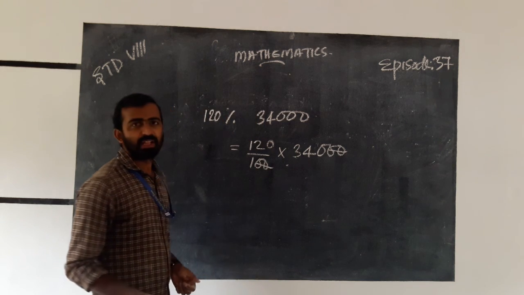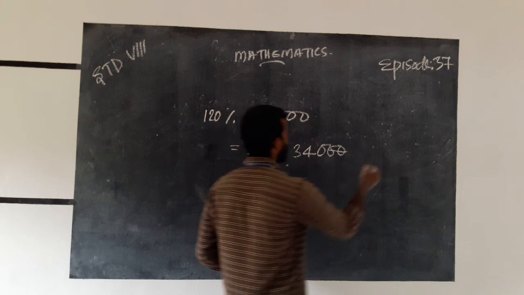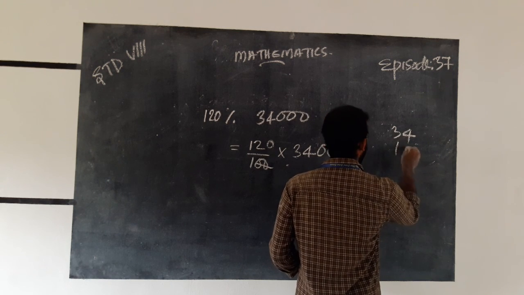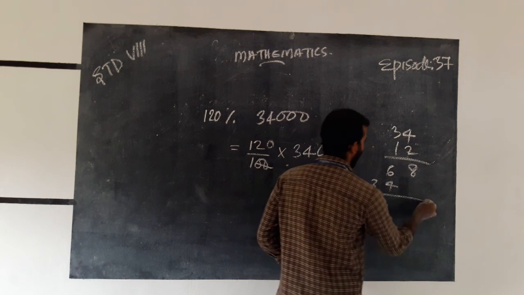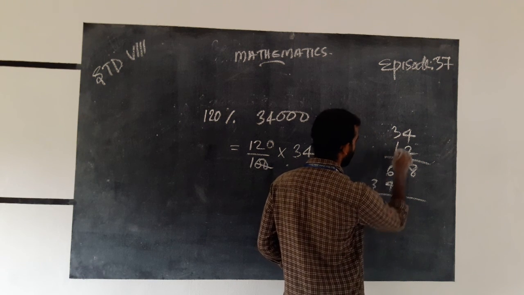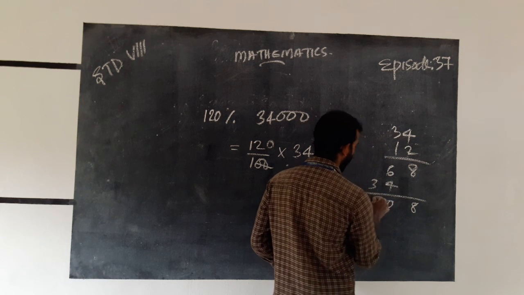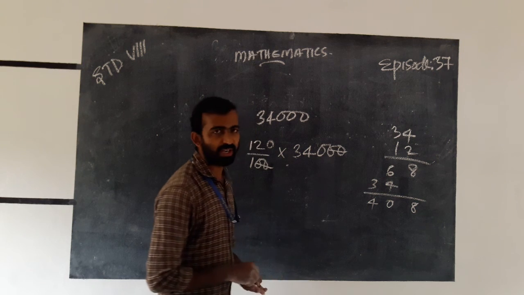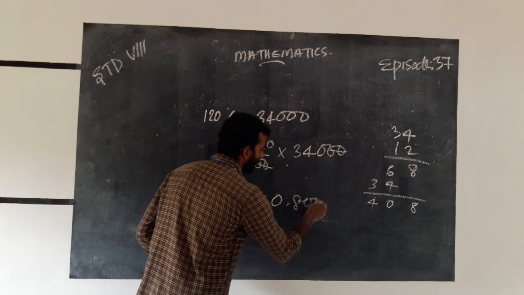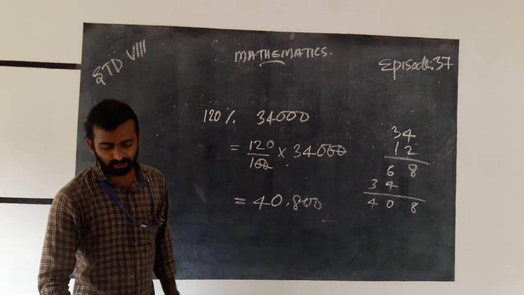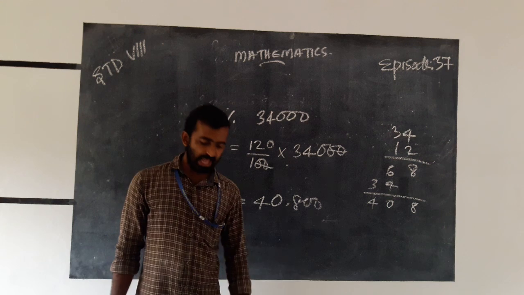We get 120 into 340. Then 34 into 12 is 408. We remove 2 zeros, that is 40,800. This is the method.